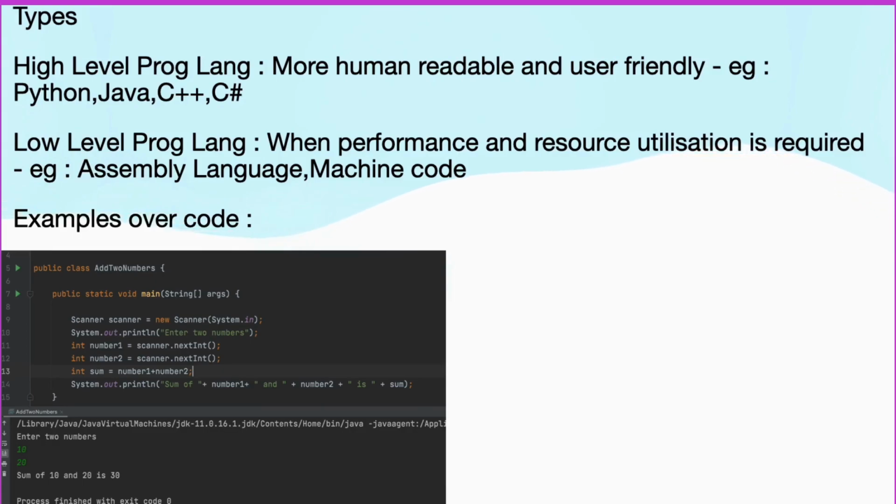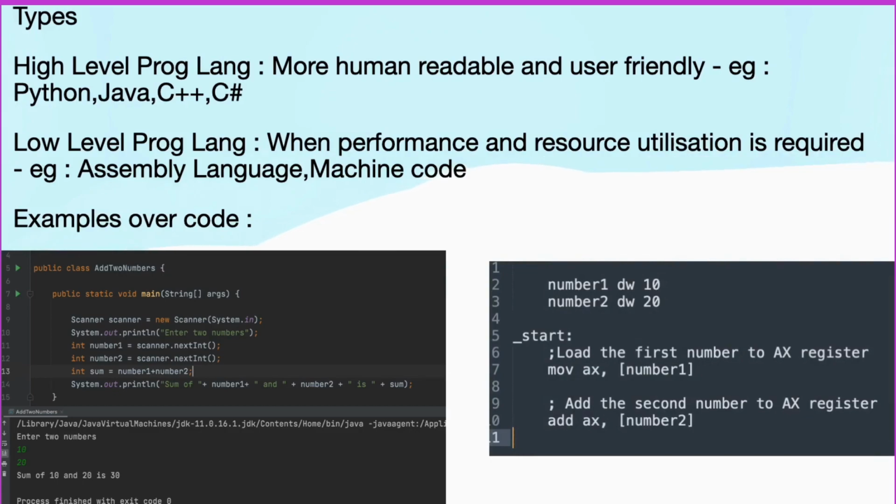But when you talk about the machine level or low level programming language, you can see on the right side that the first number, 10, is loaded to the AX register and the second number is added to the AX register.